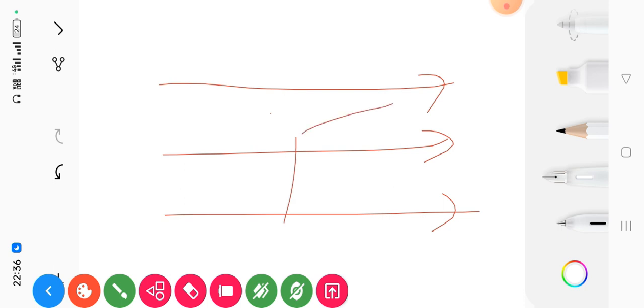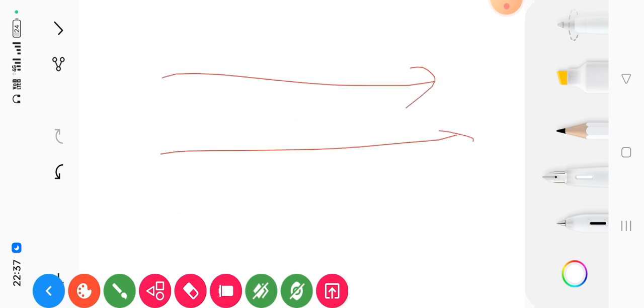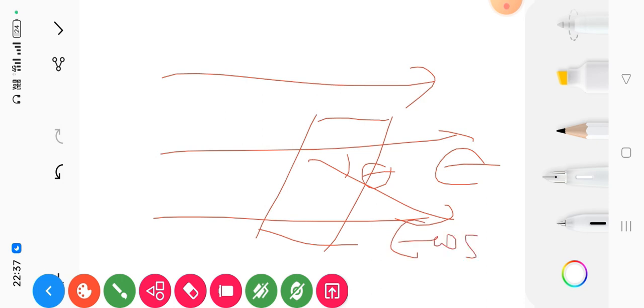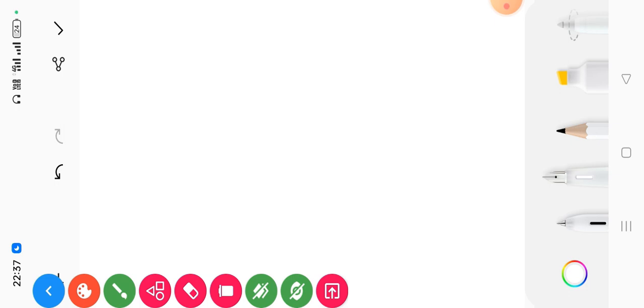Either we take the component of the area perpendicular to the electric field, or better, we take the component of the electric field perpendicular to this area, which by simple trigonometry is E cos theta. So flux will be EA cos theta.